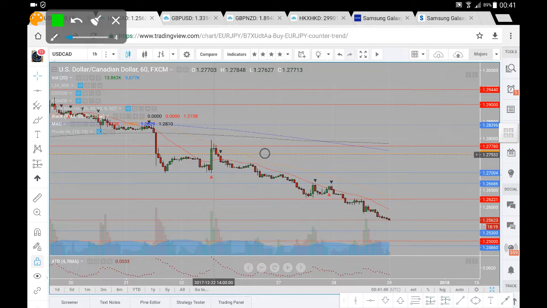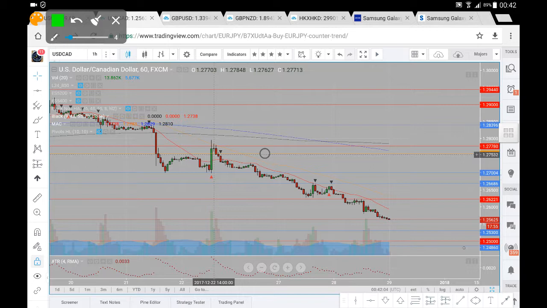If, however, we don't see a reaction, or we do break down from this 125, the very next level beneath is in around 124.86. So from this 125.30 to this 124.86, we are looking at almost 50 or so pips, not quite 50 pips, but pretty close.